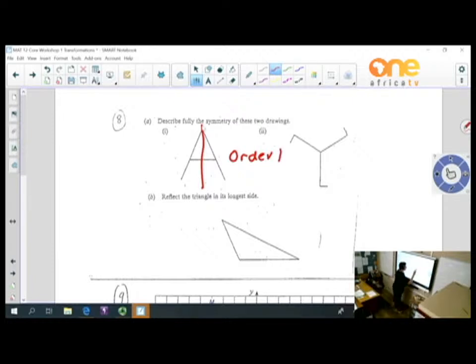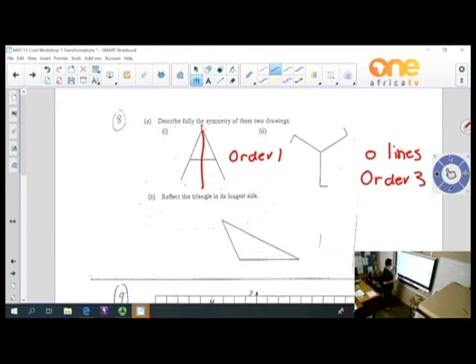Look at this one. Lines of symmetry: 0. No lines of symmetry. And then order, how many times will this one be able to turn around? 3. Order 3. Use your tracing paper if you're in doubt.